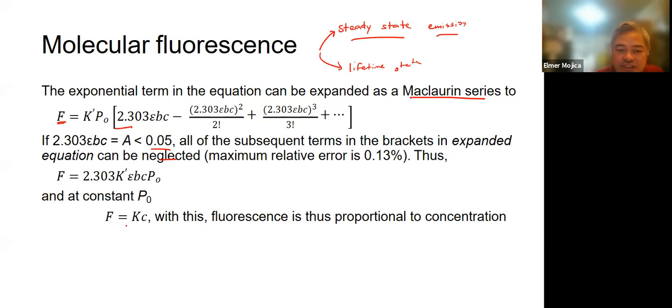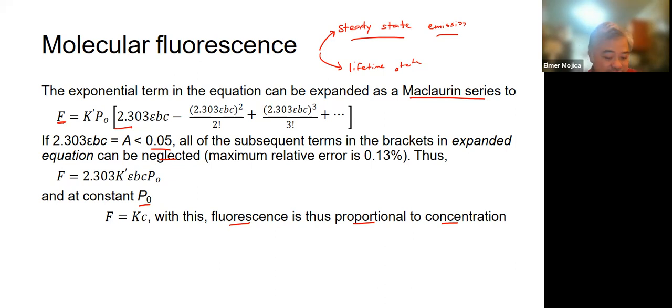Okay? So here, at constant incident light, you could say that the fluorescence is proportional to the concentration. So it's the same principle that we have in absorbance. Okay? The signal is dependent on the concentration.